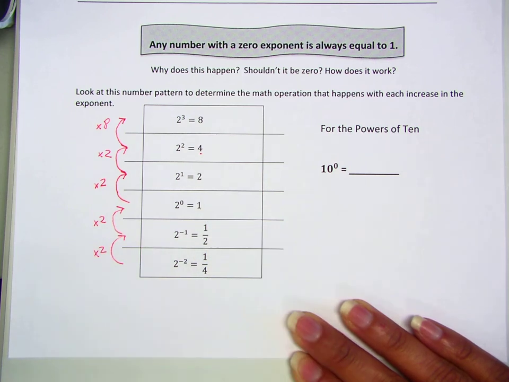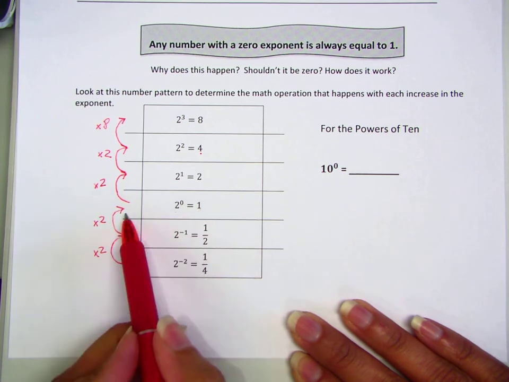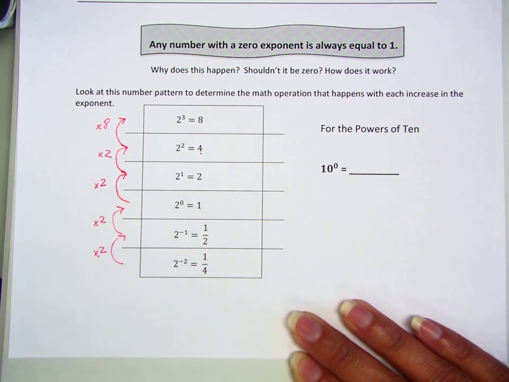So it's a number pattern that happens with exponents. And when you get to 2 to the 0 power, you will get 1.